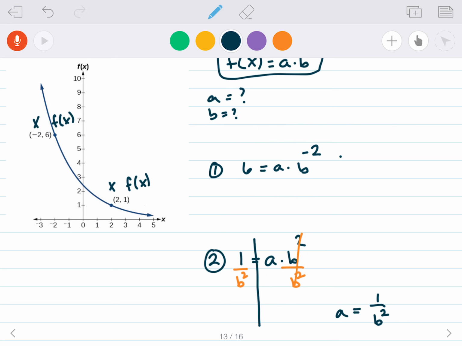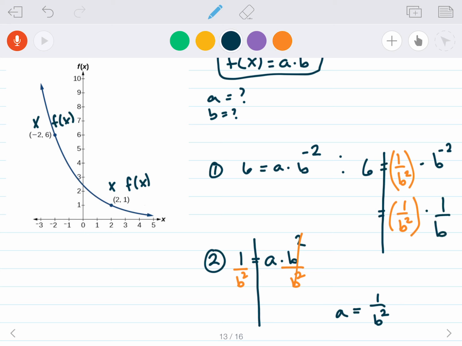So I get 6 is equal to 1 over b squared, subbing it in for a, times b to the -2. Now b to the negative 2 is 1 over b squared. So this becomes 1 over b squared times 1 over b squared, and that equals 6. Multiplying straight across, I get 1 over b to the 4th equals 6.